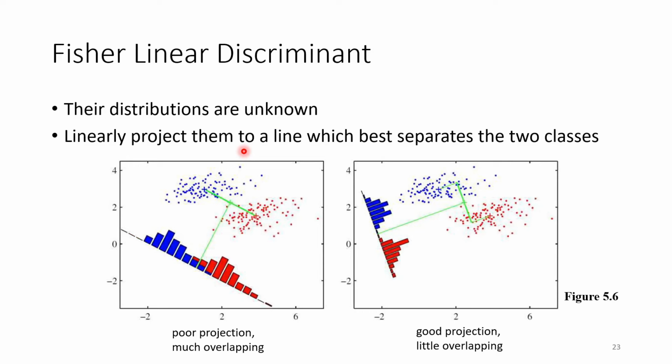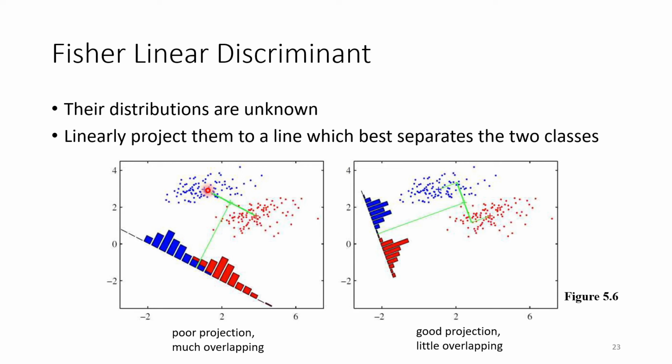Now, we assumed they are Gaussian distributed, but if they are not Gaussian distributed, what should we do? There is a famous method called Fisher linear discriminant. It means we don't know the distribution of those input vectors.